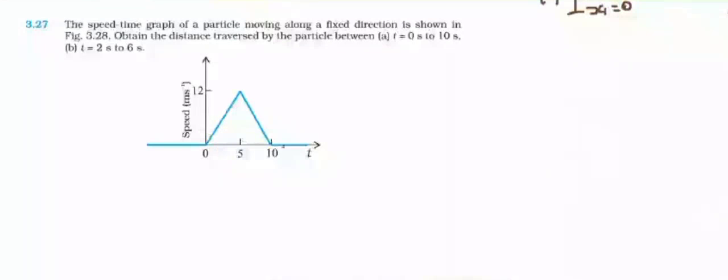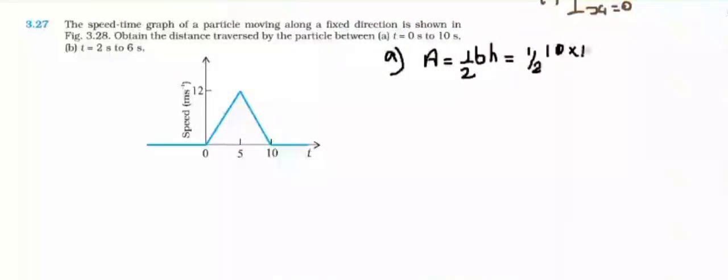From the velocity time graph, you can calculate the distance traveled by the body by taking the area. So case A we are going to solve now. Case A, area is equal to half BH, half into base 10, height 12.